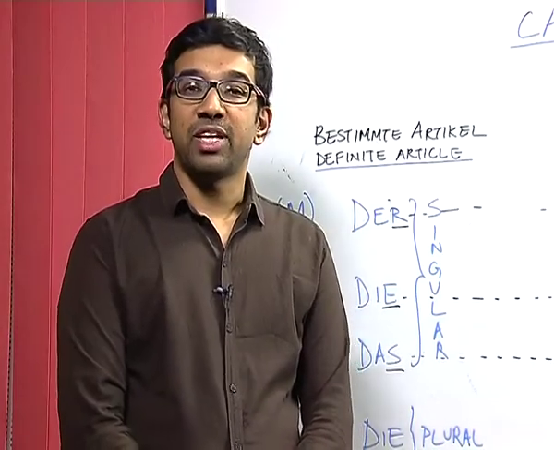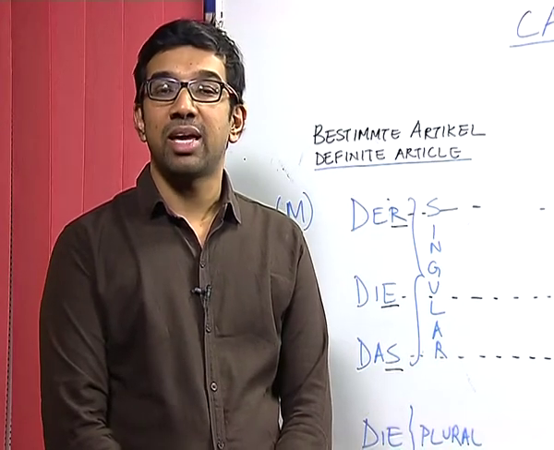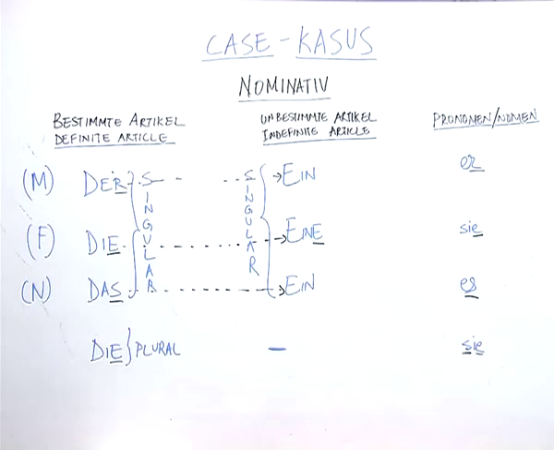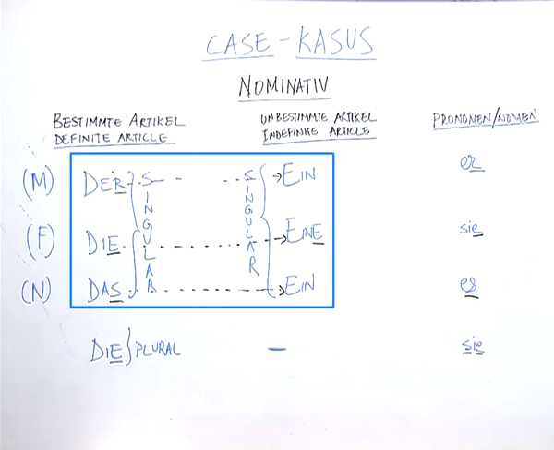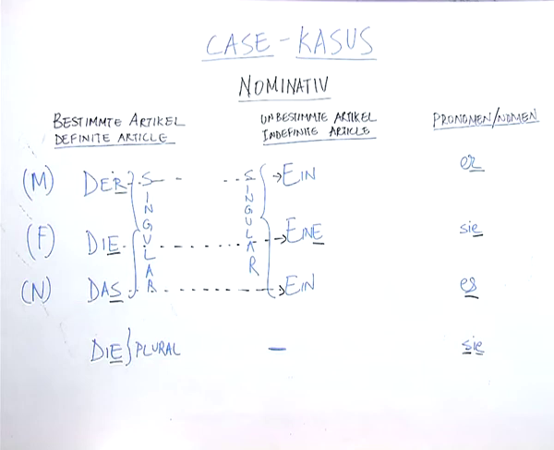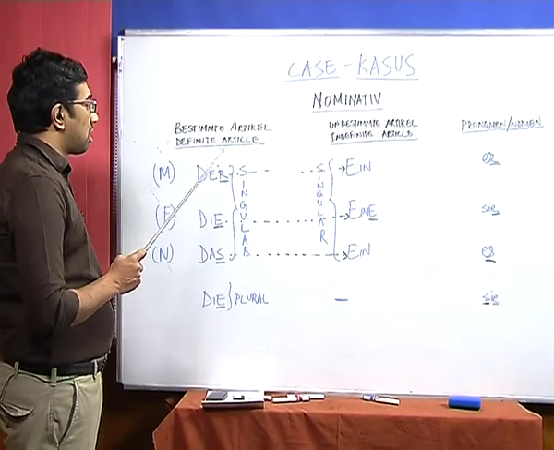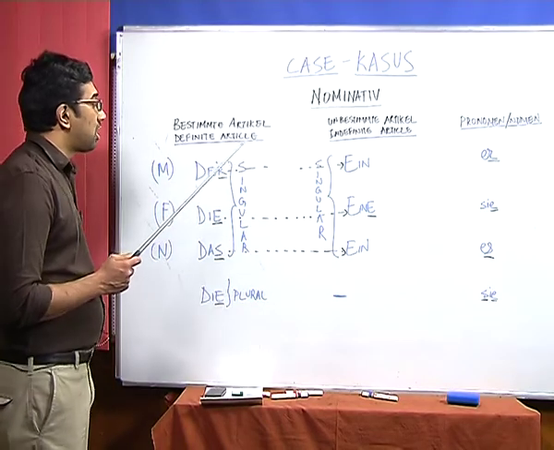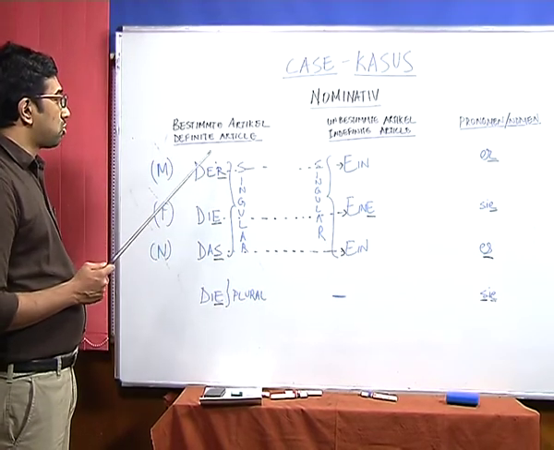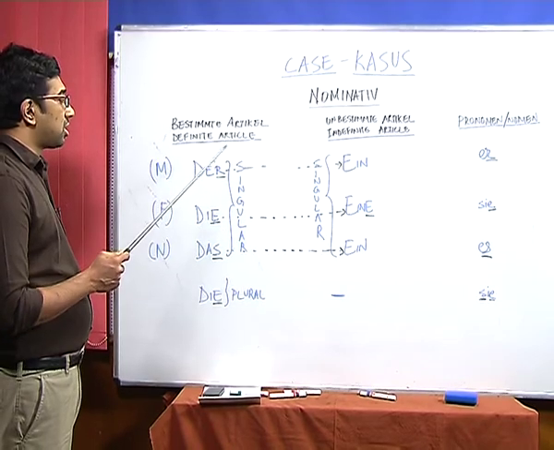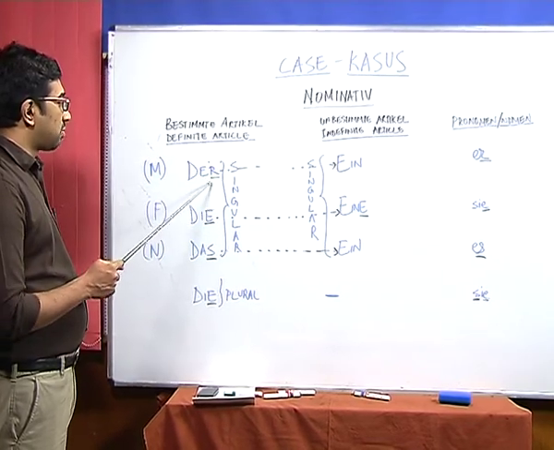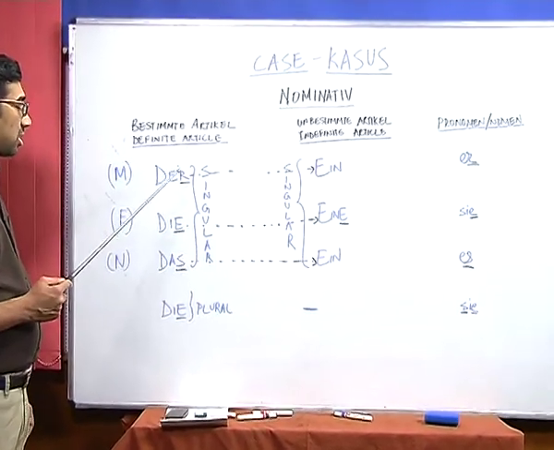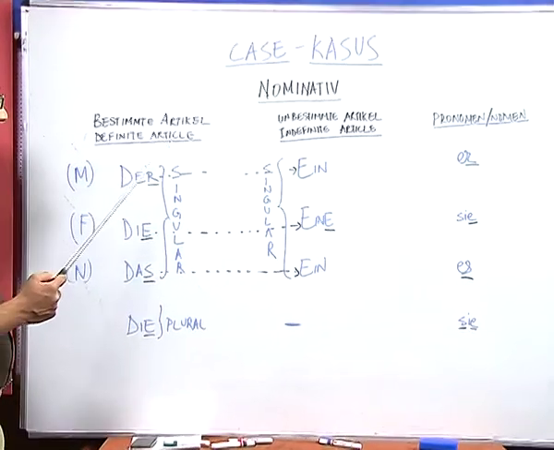So, before we wind up today's session, let us do a quick recap of the nominative case. So, what did we learn today? The nominative case, or as it is called the subject case, basically contains the nouns and pronouns and articles. Now, the nouns, as I told you, are marked by the grammatical gender, which is masculine, feminine, neutral, and they are divided into two categories called articles.